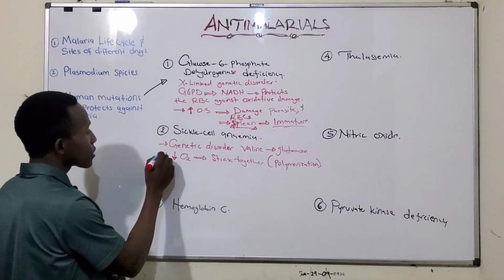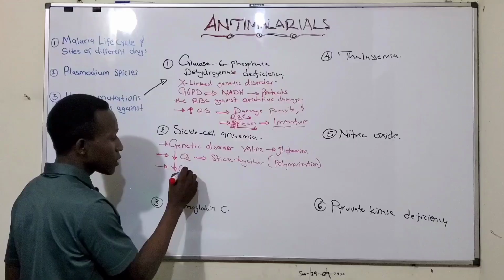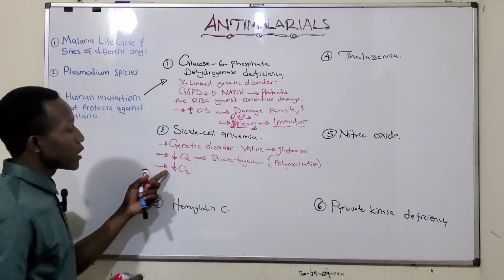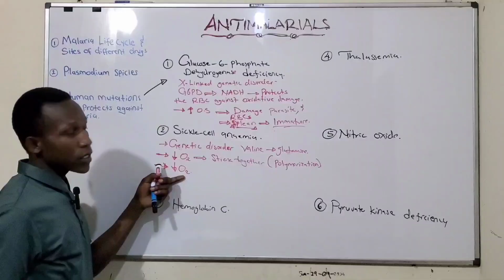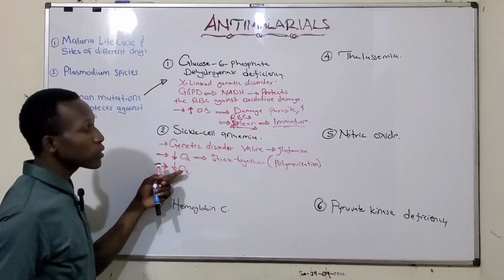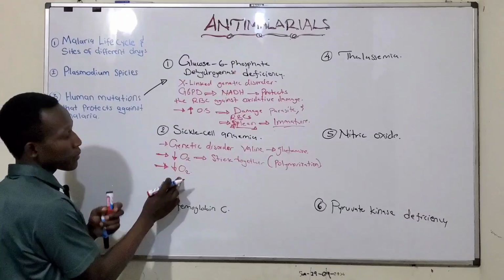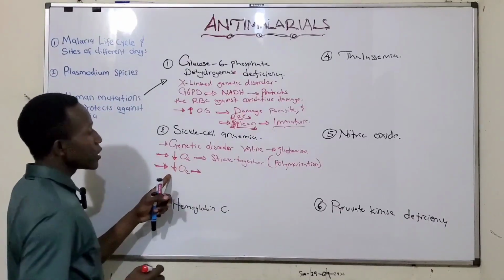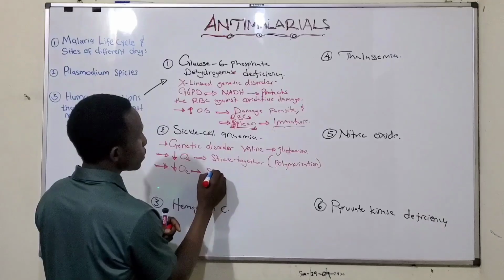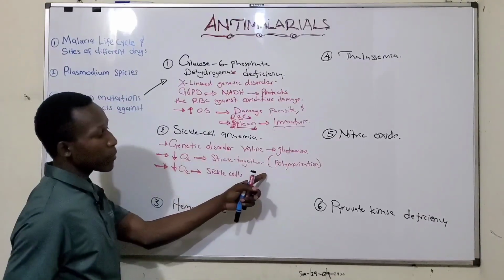And in the presence of parasites, there is increased use of oxygen. So the concentration of oxygen will reduce because the parasite uses oxygen. Decreased oxygen will lead to sickling and polymerization.